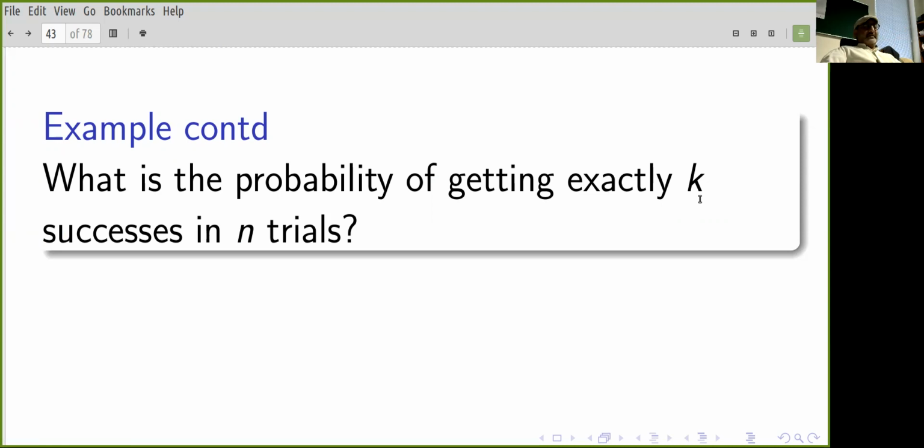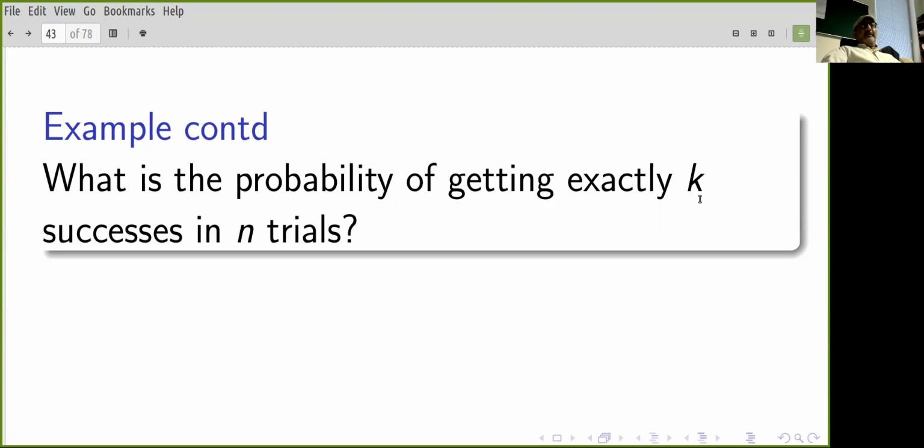Now, because the trials are independent, any other sequence which has k successes in n trials and n minus k failures would have the exact same probability of p to the k times q to the n minus k. Now, how many sequences are there that meet our requirement? Basically, out of n trials, you have to pick k trials in which to write in a success.